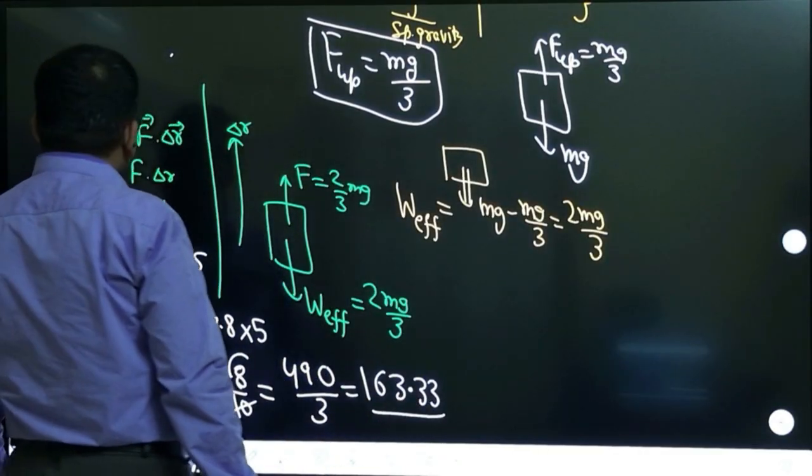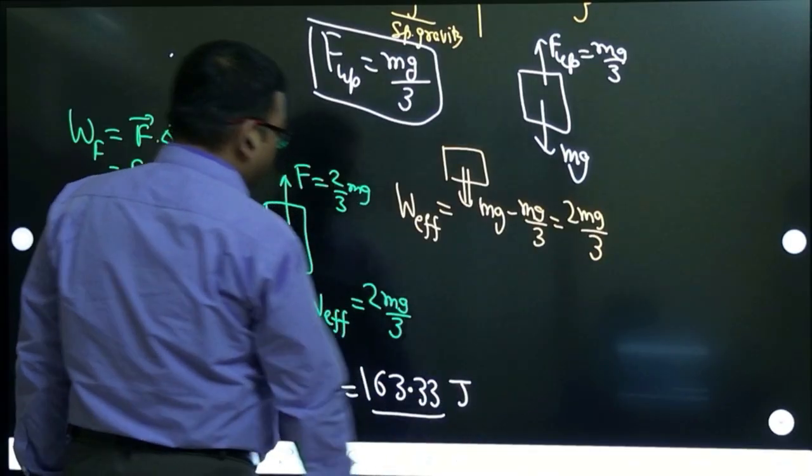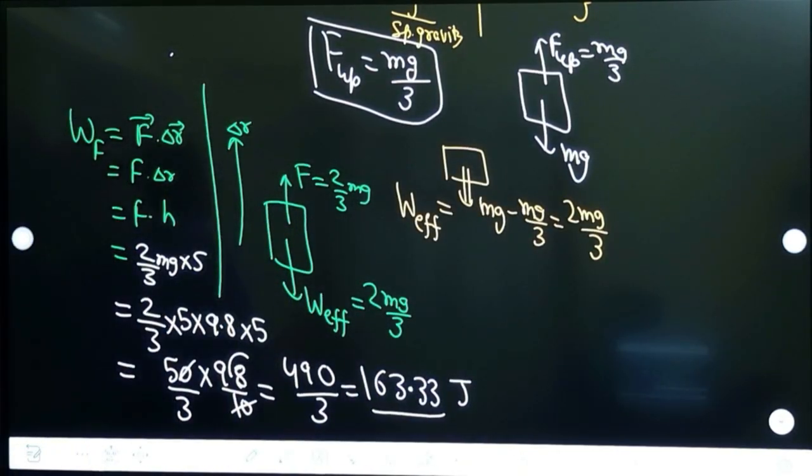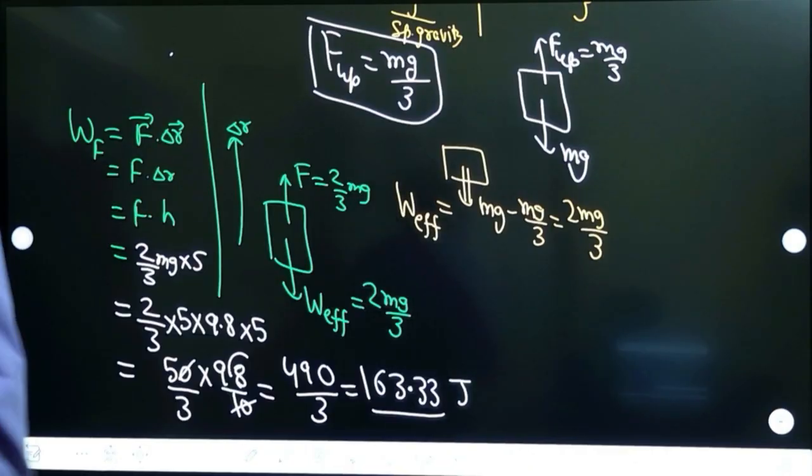Check this answer. Okay, that is the answer. But this is out of syllabus right now, because this topic will come in fluid mechanics. So right now you can leave it.